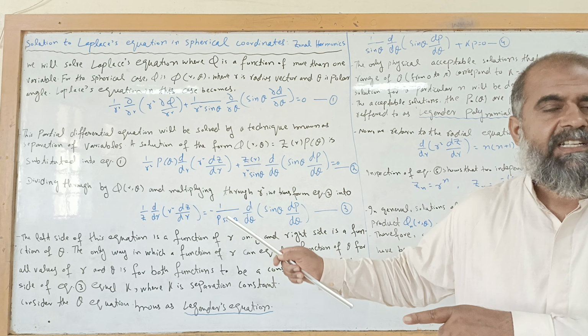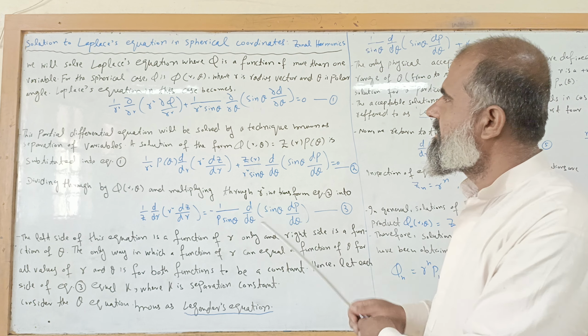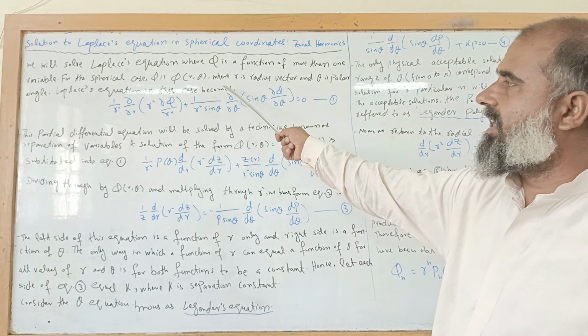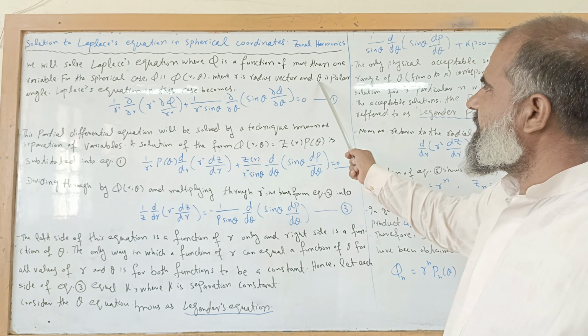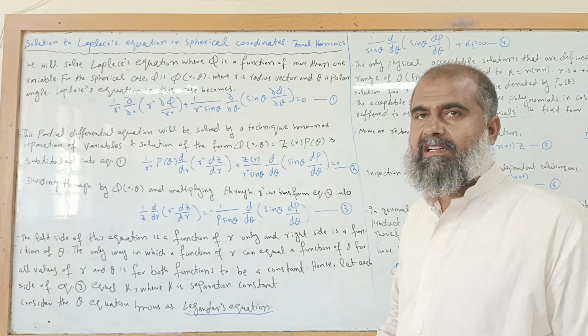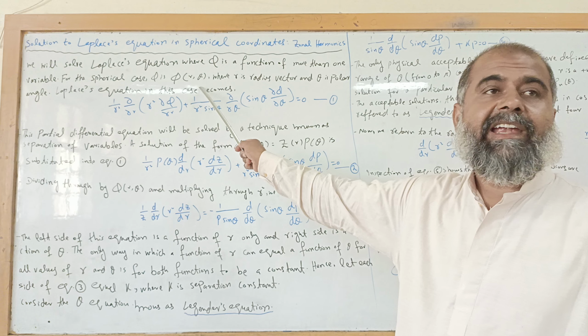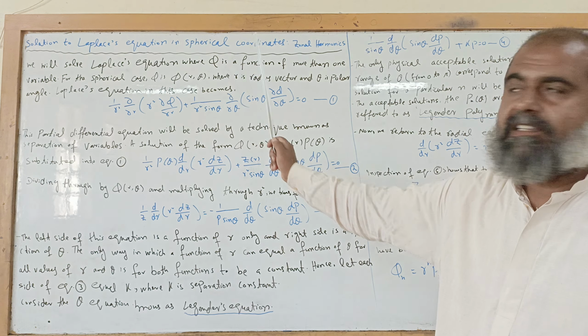Over here we will discuss only r and theta. For the spherical case, phi is a function of r and theta, where r is the radial vector and theta is the polar angle. In the brackets there are two coordinates, r and theta.